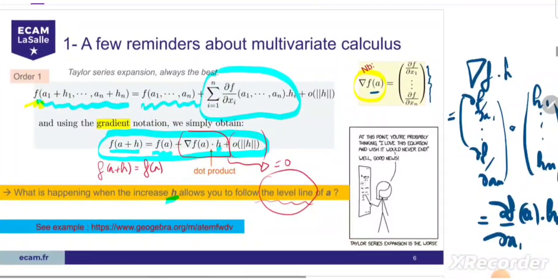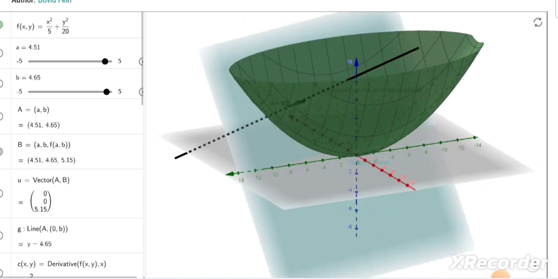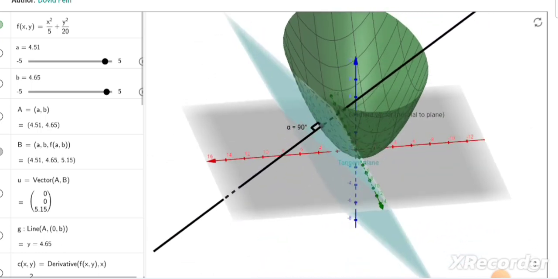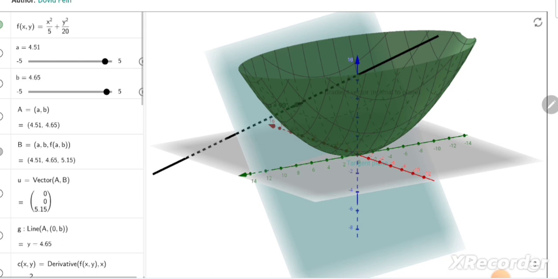We can have a quick look at this GeoGebra page. So here we've got an example of a surface in R3. So that's the image of the function f of x, y equals x squared over 5 plus y squared over 20, right?